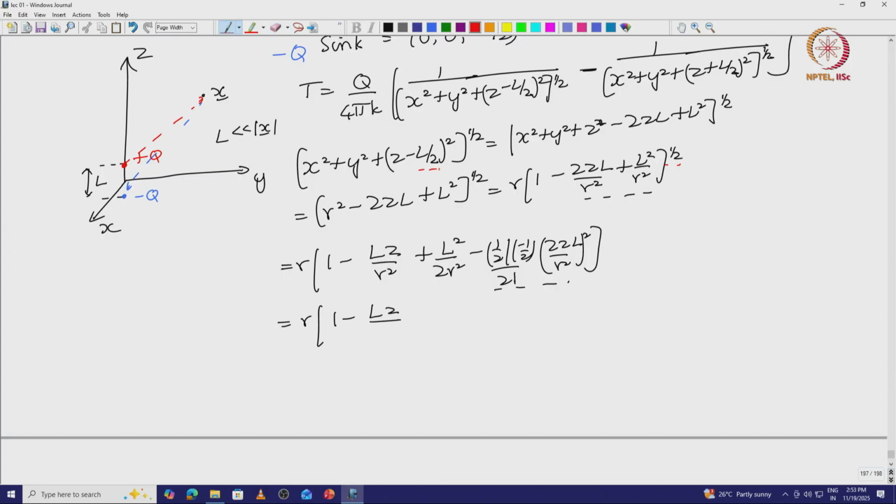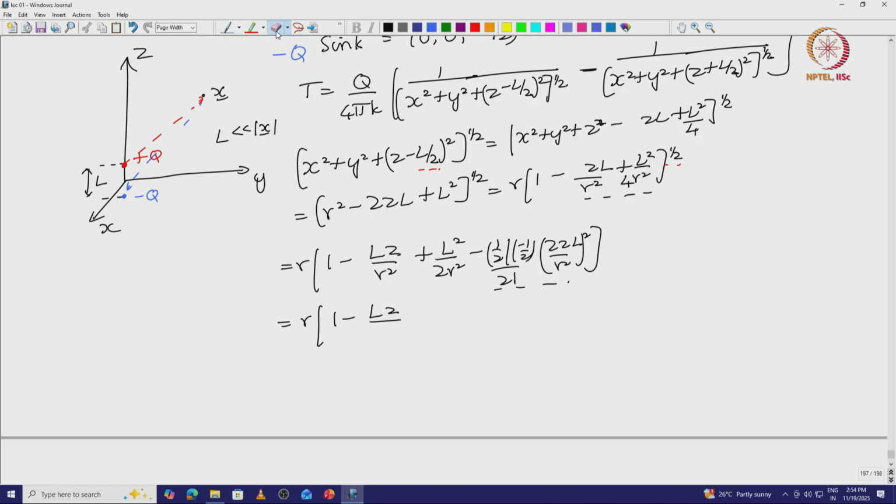So therefore this has to be just Lz by r², and this should be L² by 4. And this becomes just L² by r² and Lz by 4r², the whole to the half.